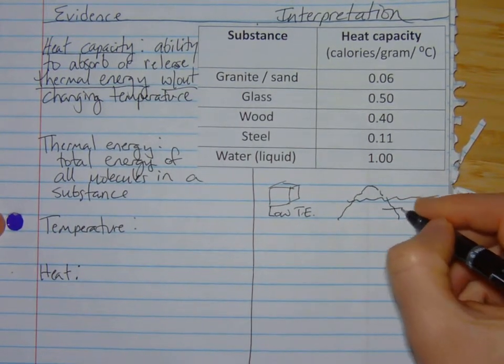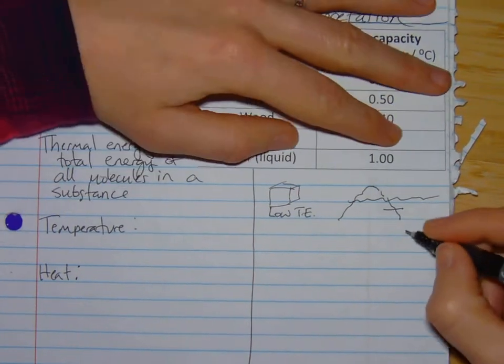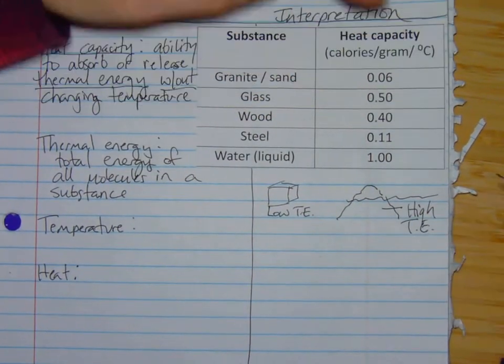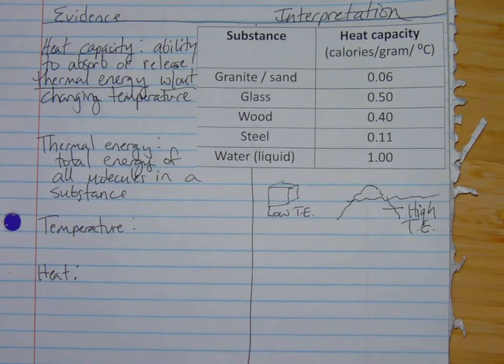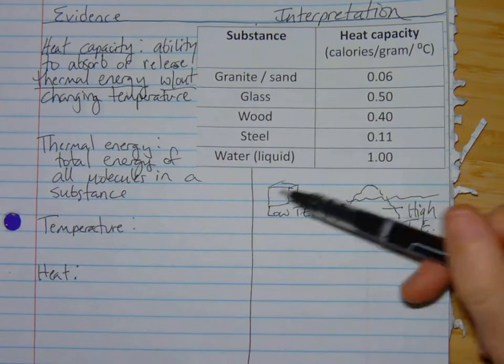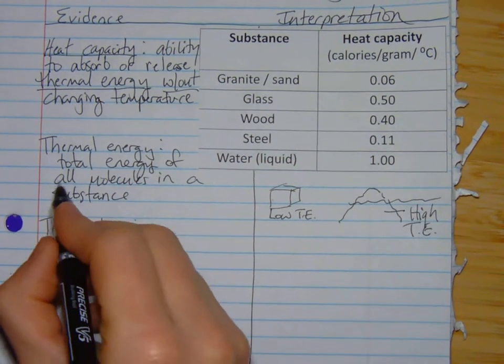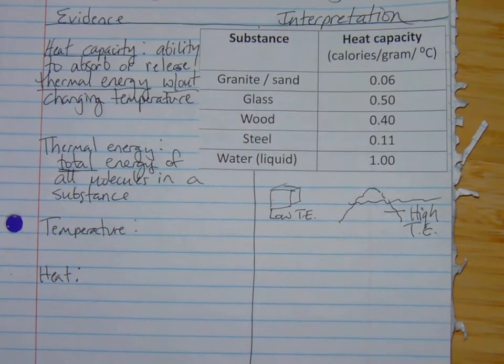So still ice, but this one, we could say, has high thermal energy. That doesn't mean it's warm. It just means that there's a lot of molecules, and we know that neither of these are at absolute zero. So there's a whole lot of vibrating in place that's going on. So even something that's really cold can have a lot of thermal energy if it's big enough. All right, so that's what I mean by the total energy.